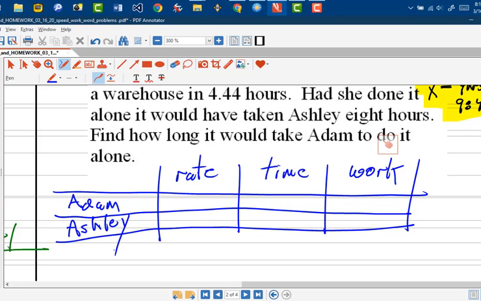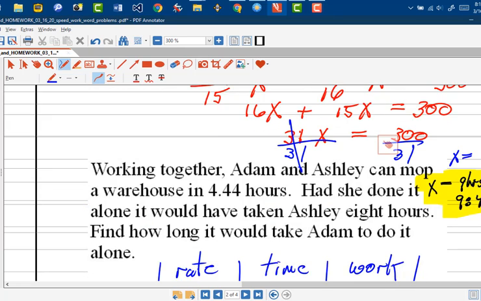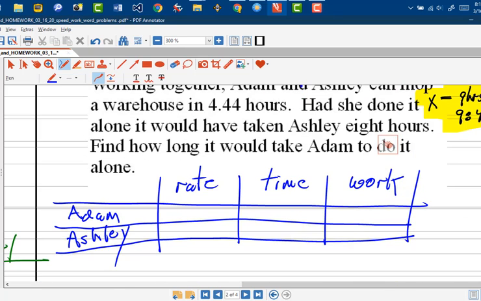So Adam, they mopped together in 4.4 hours. Had she done it alone, it would have taken Ashley 8 hours. So Ashley, working by herself, her rate is 1 warehouse per 8 hours.